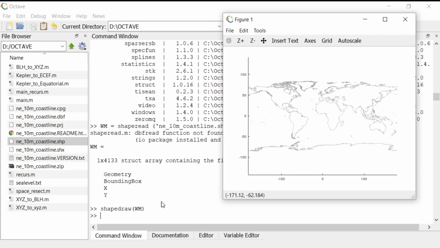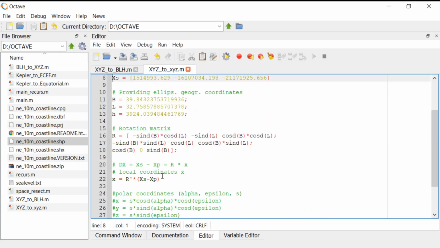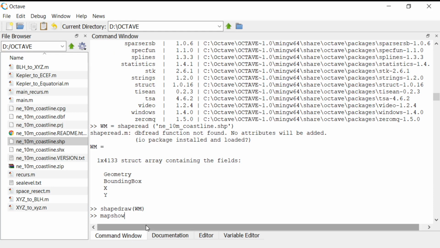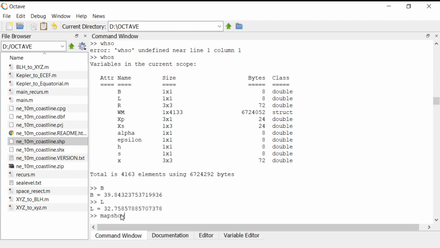So let's now put our standing point. For this, we will use the mapshow function, and we will draw the point, our standing point, given by B and L. I can simply write B and L because these are already stored in memory. With mapshow, first you need to provide L, and the second will be B, my point, and let's denote this point with a red asterisk.